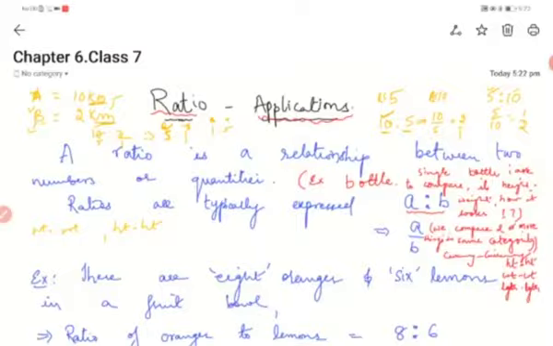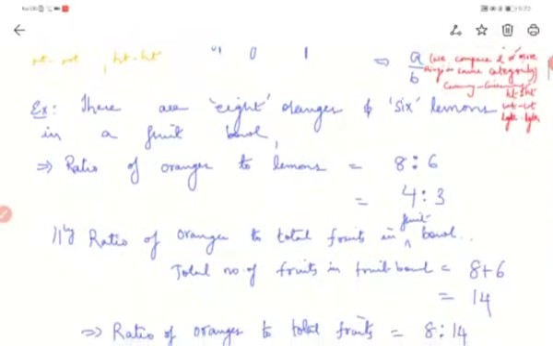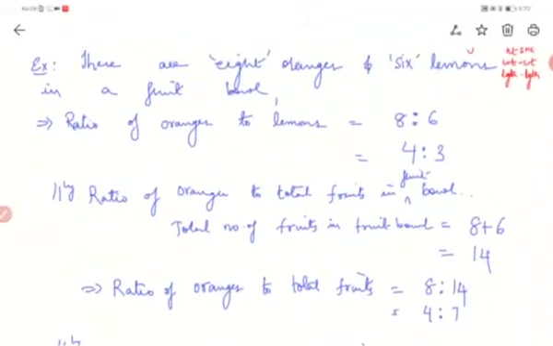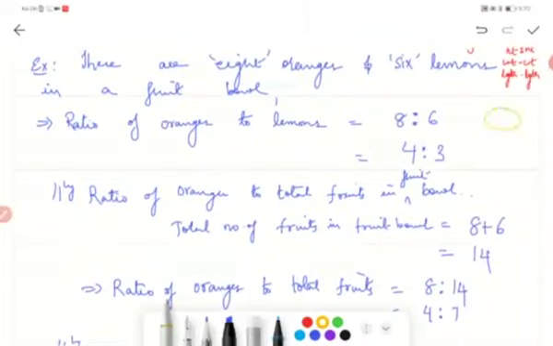You already know all these things about the ratio. Let us take one more example. There is a bowl of fruits, and in it you have 8 oranges and 6 lemons.